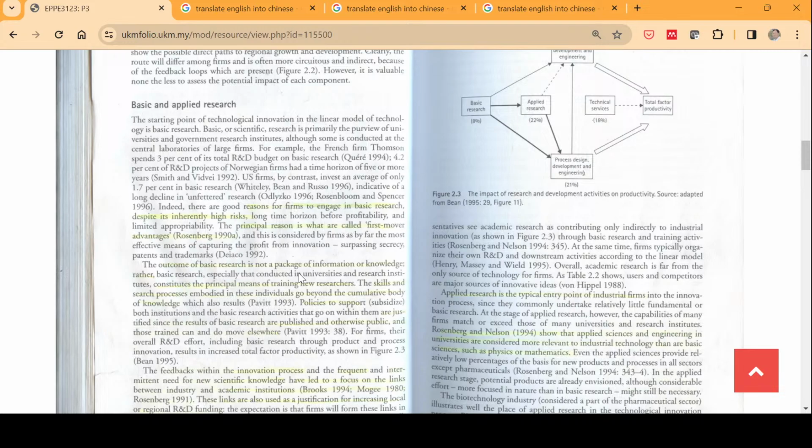And here we have sources of innovative ideas in manufacturing. They surveyed the firms: 86% from users and internal R&D. So not important, I'm going to skip. Now we come to the next subtopic, product and process development.